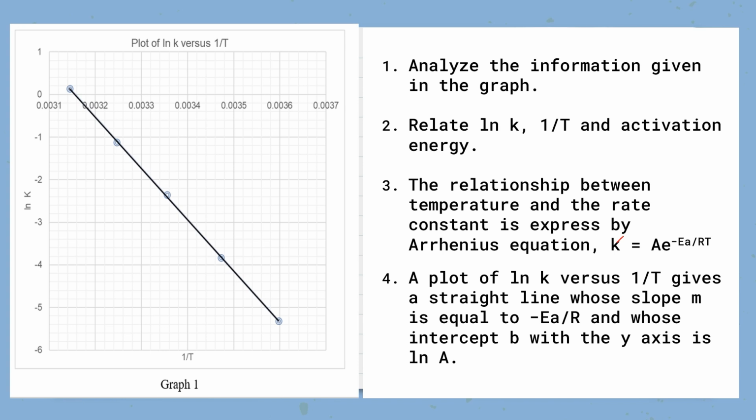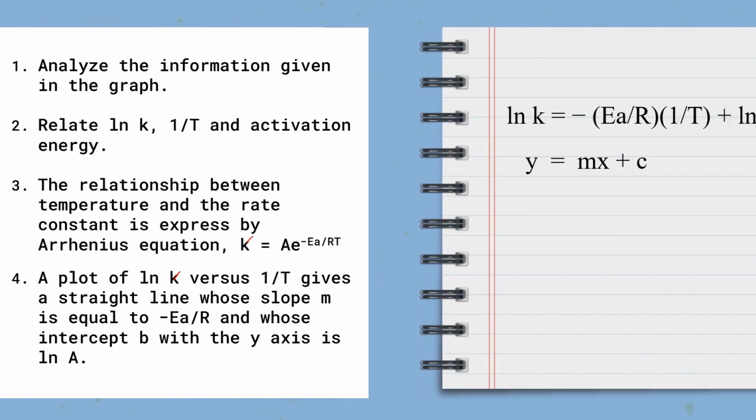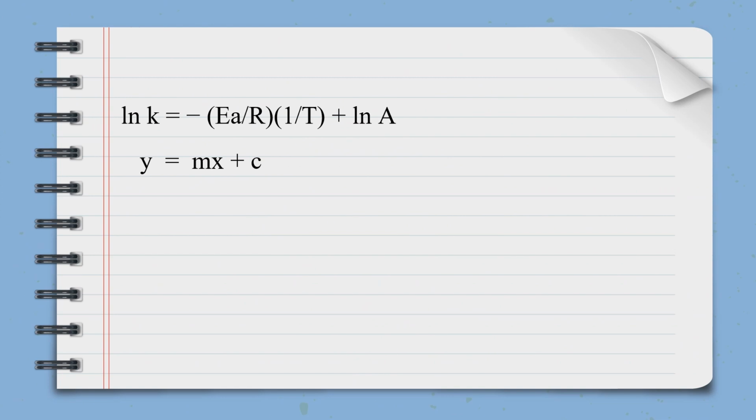A plot of ln k versus 1 over T gives a straight line whose slope m is equal to negative Ea over R, and whose intercept b with the y-axis is ln A. From the graph, it is a linear plot. y equals mx plus c, where y is represented by ln k, x is represented by 1 over T, and c here refers to ln A. Therefore the slope of the graph is negative Ea over R.